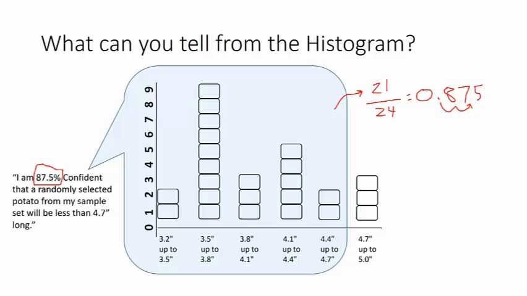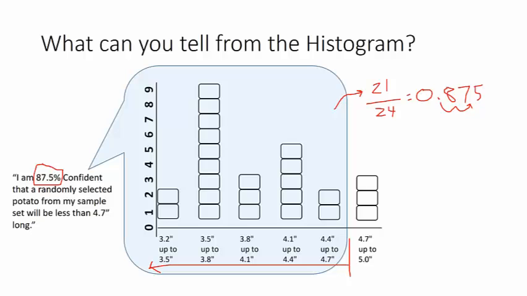If I were to tell somebody, close your eyes, randomly pick a potato out of the bag, I would be 87.5% confident that that potato would be less than 4.7 inches long. That's the confidence interval. This interval here is 87.5% of my data. So I'm 87.5% confident that a randomly selected potato from my sample set would be less than 4.7 inches.